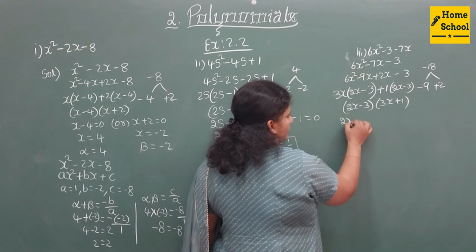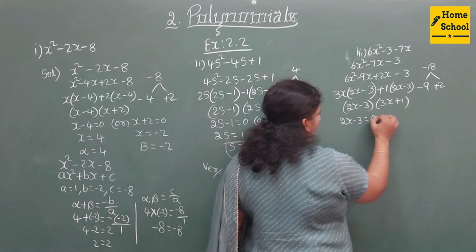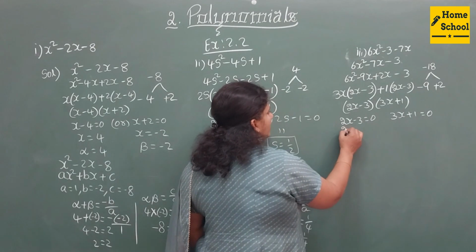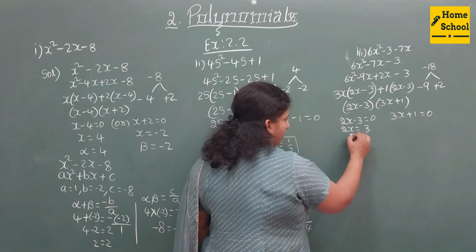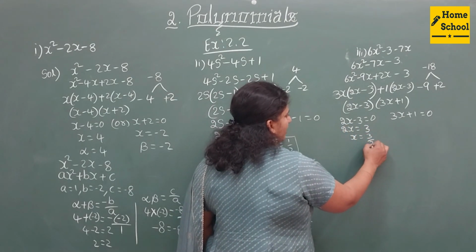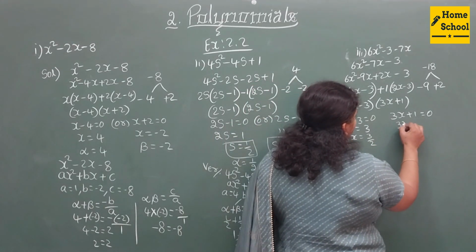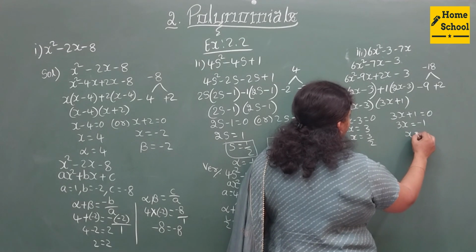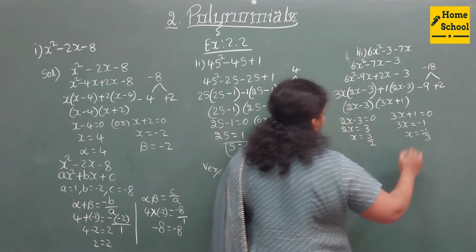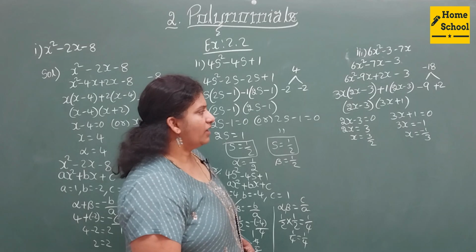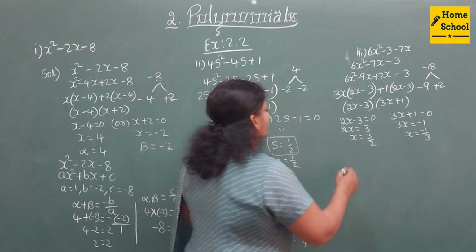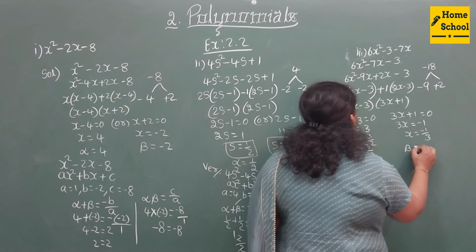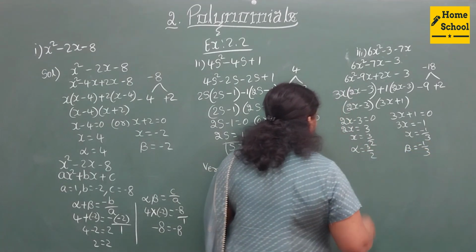In order to get 0, equate to 0 here. Right? Now 2x is equal to 3, x is equal to 3 by 2. And here 3x is equal to plus 1, and if it goes to the other side, minus 1, so x equal to -1 by 3. Right? Now the zeros, we are going to assume as alpha = 3/2, beta = -1/3.